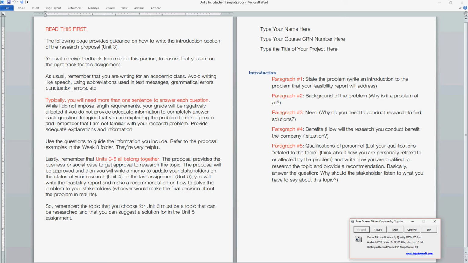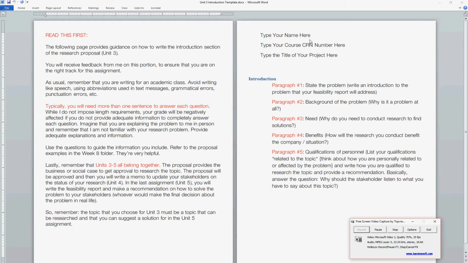I will leave you to read in its entirety all of what's covered on the left side of the page that you see here, and I'm going to do the more helpful part, the part that you actually need from me. Let's talk about the second page on this side. At the top here, you would just type your name, your CRN number, and the title of your project.